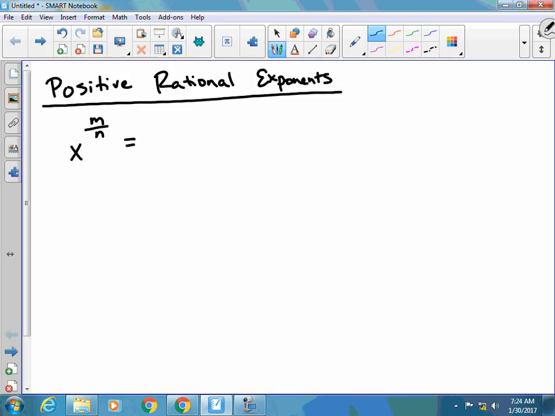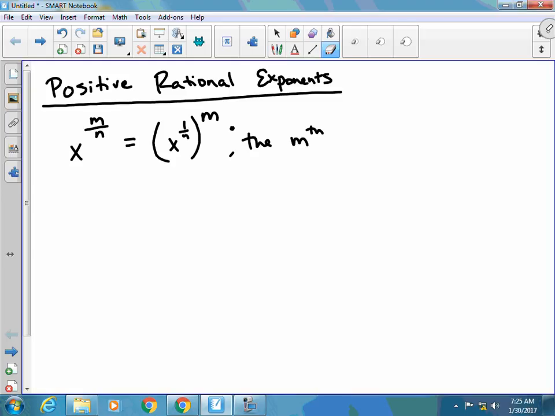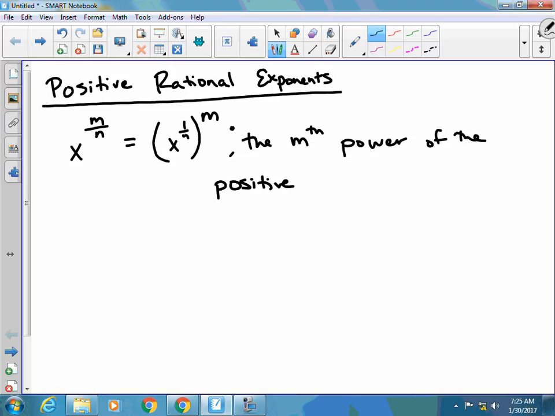Really, this can be broken down based on our properties of exponents into x to the power of 1 over n, to the power of m. This is going to be read as the nth power of the positive nth root of x.